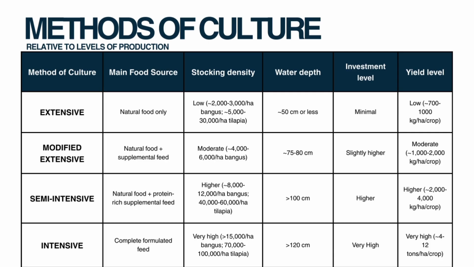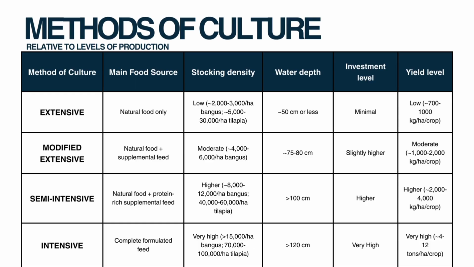And then it has a higher stocking density in comparison with the extensive and modified extensive, which is approximately 8,000 to 12,000 hectares allocated for bangus, or 40,000 to 60,000 hectares allocated for tilapia. And it also has deeper water depth, greater than or equal to 100 centimeter. Then investment level is higher, and higher yield level.